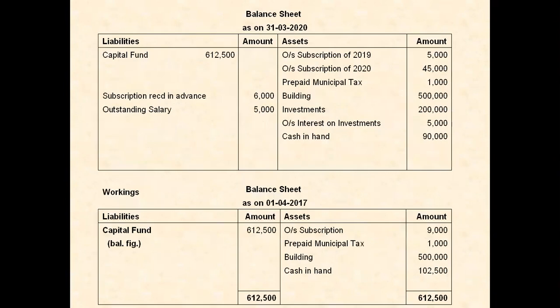This surplus of 2,22,500 will be added to the capital fund in the closing balance sheet, and the total to the outer column 8,35,000 plus 11,000, 8,46,000, the total of the liability as well as the asset side.